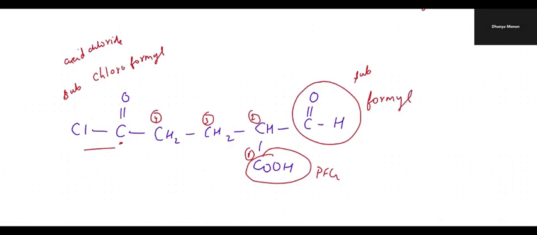Okay, so naming according to the alphabetical order, to the fourth carbon is connected the carbon of the acid chloride. Okay, so this is the acid chloride. So at the fourth position, I have chloroformyl.